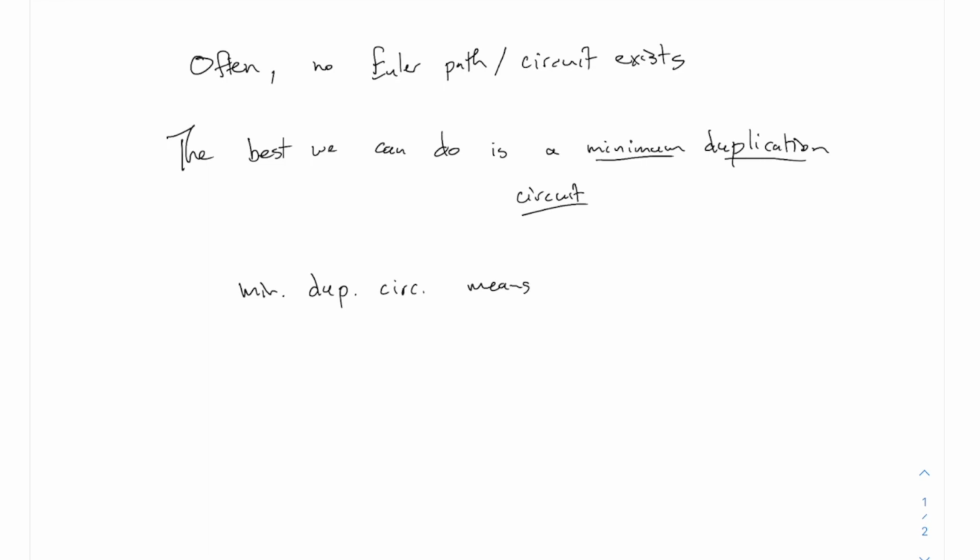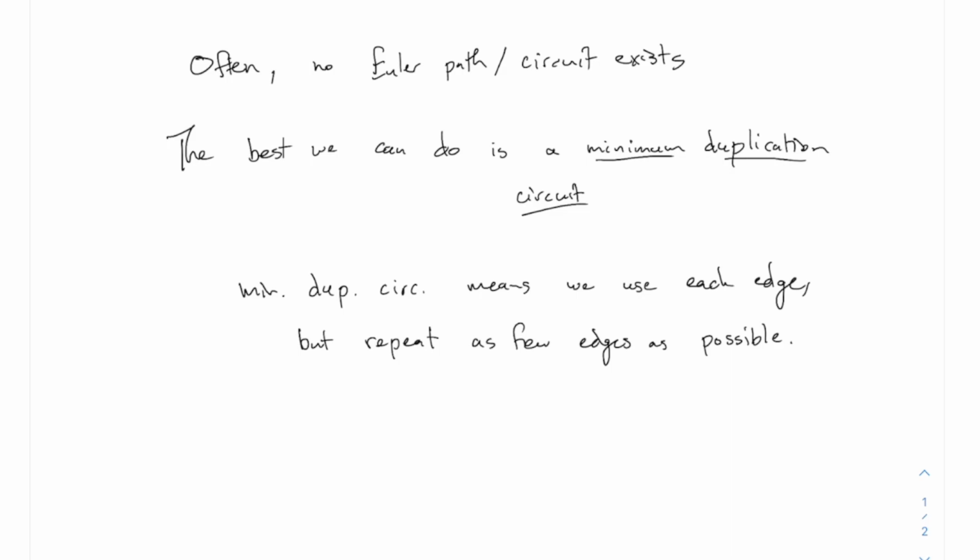Now, an Euler circuit has no repetitions at all, but usually that's not possible to do. So a minimum duplication circuit means we use every edge, but repeat as few edges as possible. This is called a minimum duplication circuit.